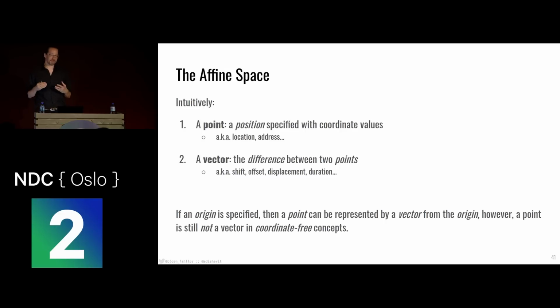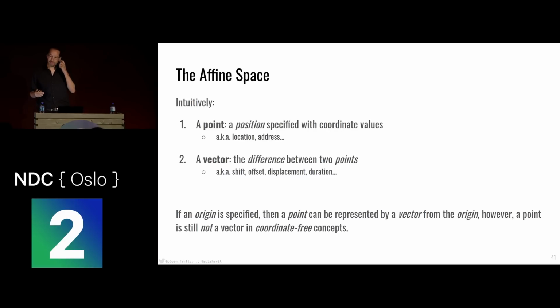The second type is a vector, which behaves basically as the normal linear algebra 101 vector, and it's defined as the difference between two points. And it's often referred to as a shift in 1D, or an offset or displacement, or when we're talking about time, the English term would be duration. But these are all different names for the same mathematical object that the vector represents.